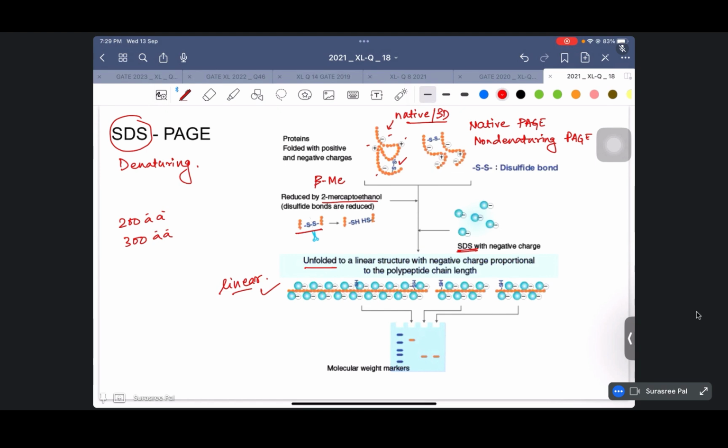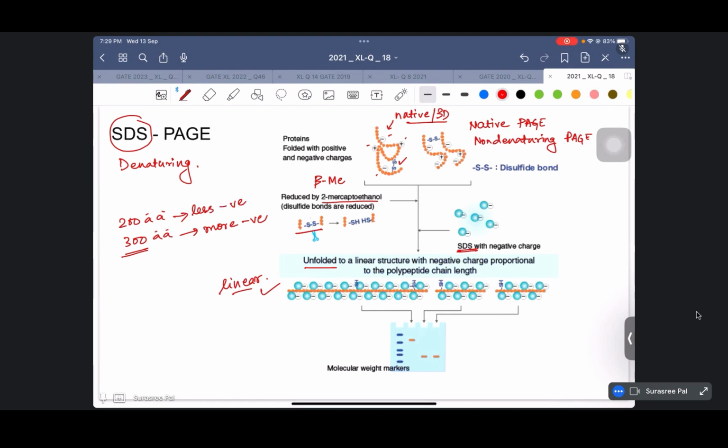SDS imparts negative charge proportional to the polypeptide chain length, or what is also called uniform negative charge, which means that a 300 amino acid long protein will have more negative charge, and the 200 amino acid protein will have less negative charge.